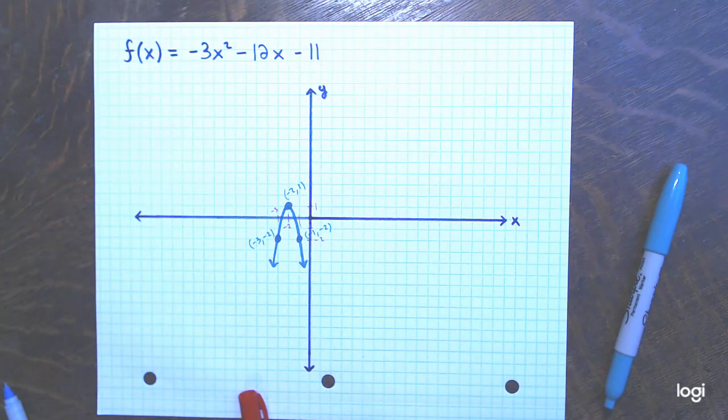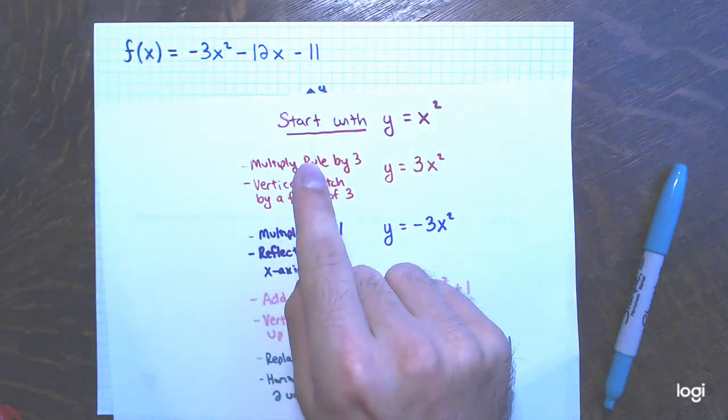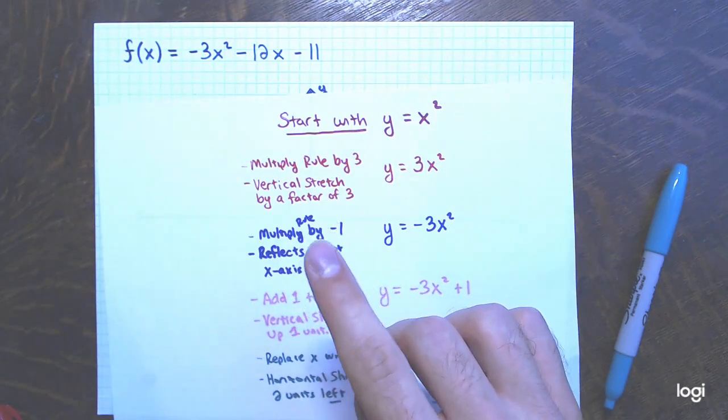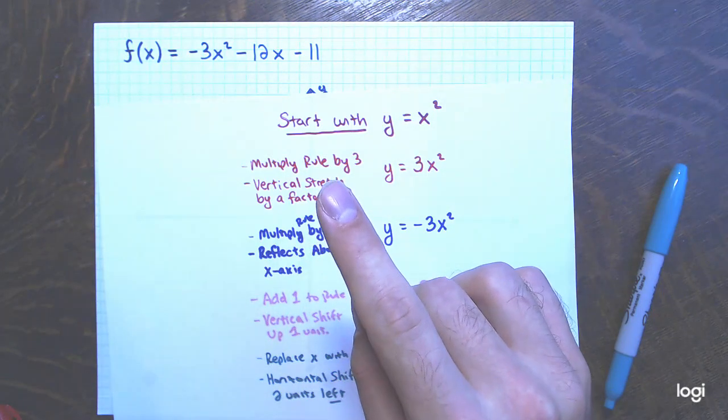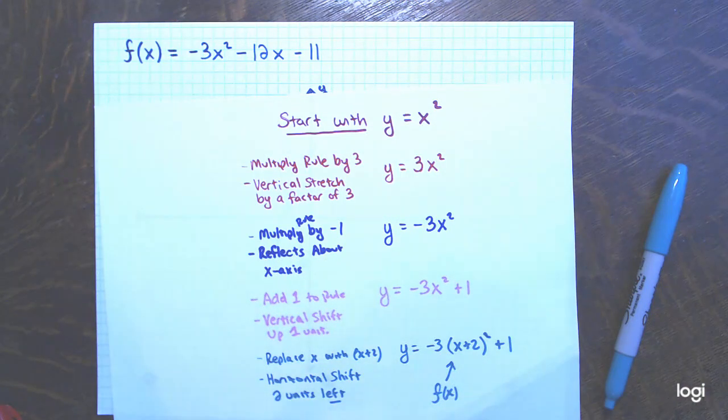Great. So I know that's a lot, right? But you'll see I have a video coming up where we graph parabolas in a little quicker way than this. But this is just to get you used to the transformations again, right? When I do anything to the entire rule that causes some sort of vertical transformation, vertical shift, vertical stretch, reflecting across the x-axis is an up and down movement, a vertical movement.